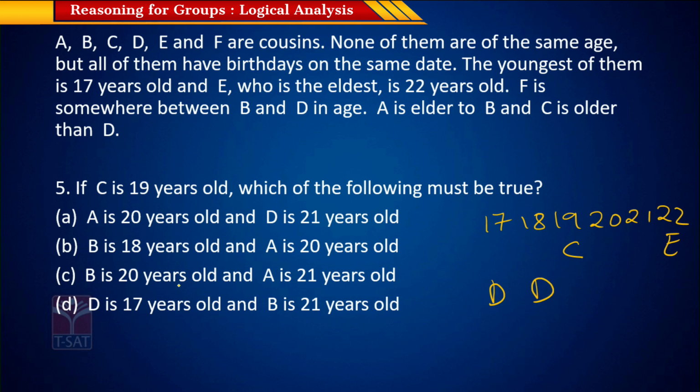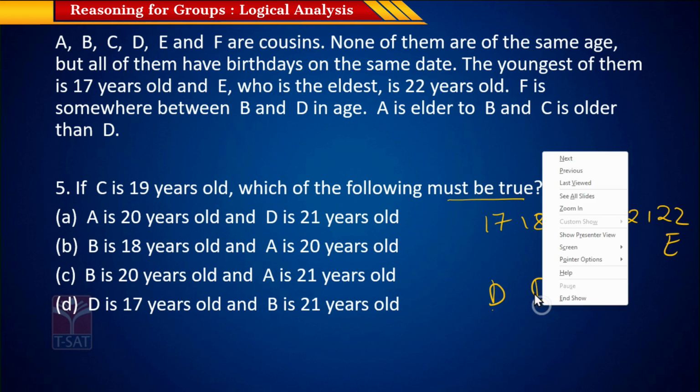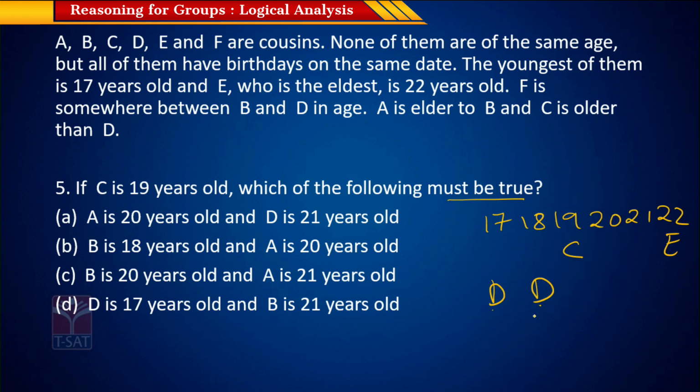Okay, so they're saying which must be true. So D can be 17 or D can be 18. And if F has to come somewhere between B and D in age, if you have D here and C at 19 years old, and you have F here and B here, but you need A to the right of B because A is older to B. So this is not a possible combination.